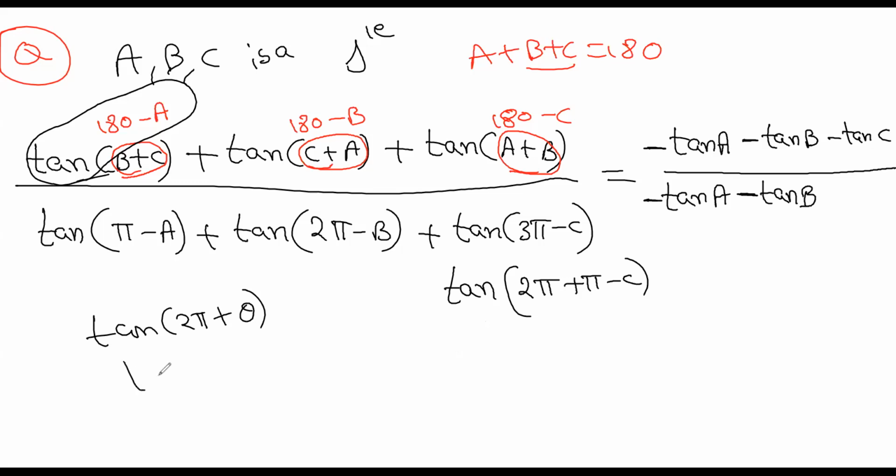It is tan theta, where this whole thing is theta. It is periodic with 2 pi, so we get tan of pi minus C, which is minus tan C.